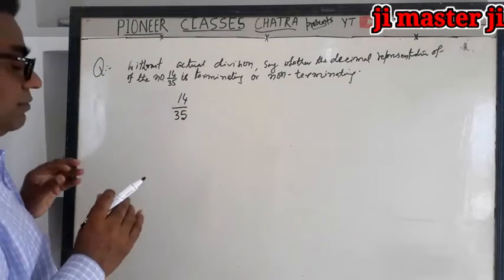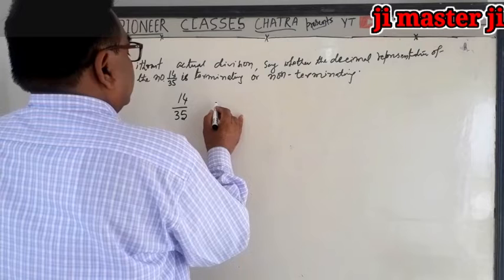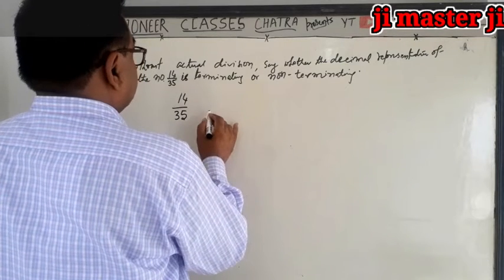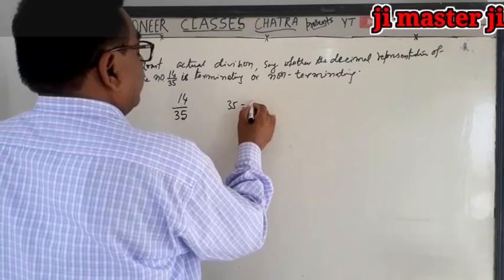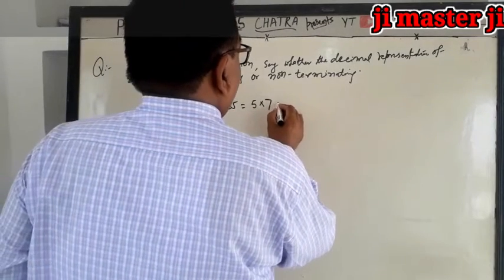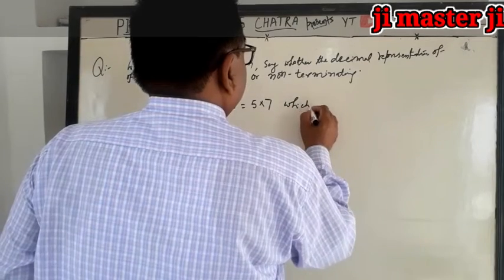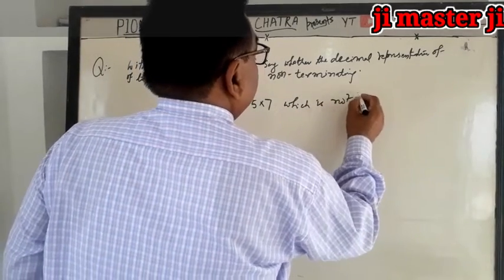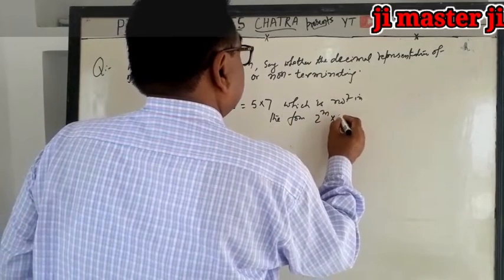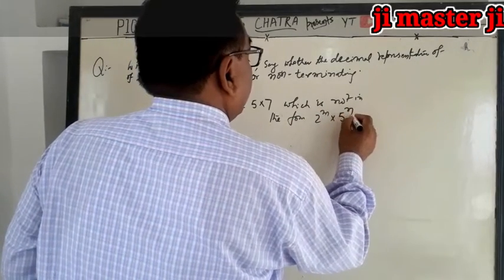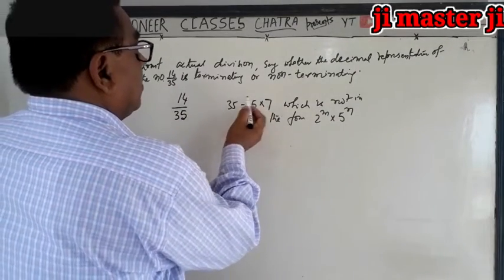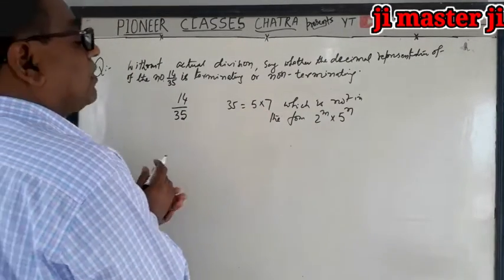If we find the prime factorization of 35, this is 5 into 7, which is not in the form 2 to the power m into 5 to the power n, because it is of the form 5 to the power something and 7 to the power something.